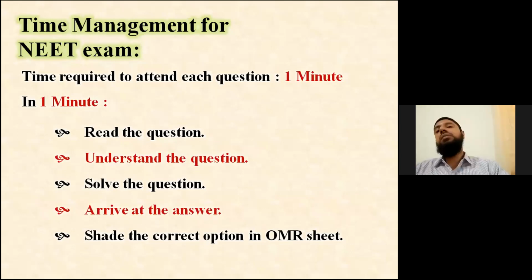The process has to be completed in 60 seconds. This is very important to know. You have to read the question, understand the question, solve the question, arrive at the answer, and shade the OMR sheet within 1 minute.